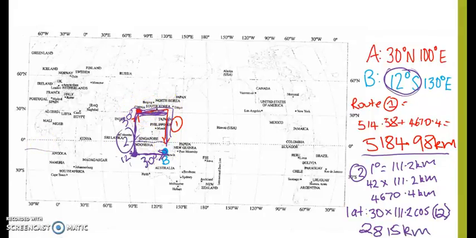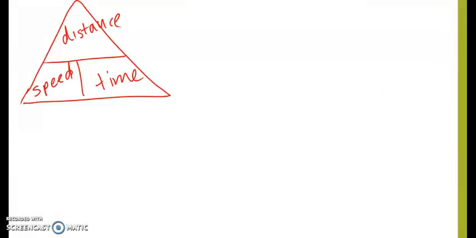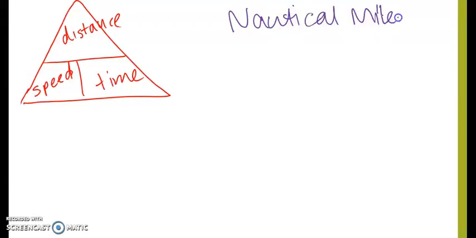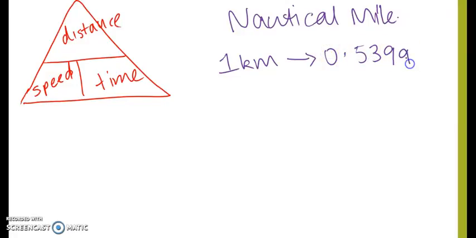All right, next step. You'll notice when dealing with navigation, often nautical miles are used instead of kilometres. So a really important thing to remember is how to convert 1 kilometre to a nautical mile. Now, 1 kilometre is equal to 0.539957 nautical miles. As before, we worked out that we had 5,184.98 kilometres.